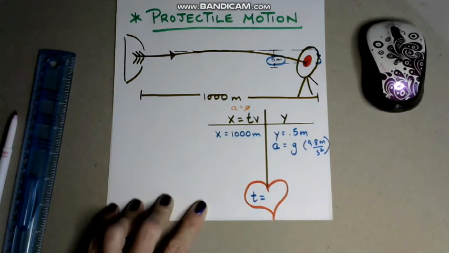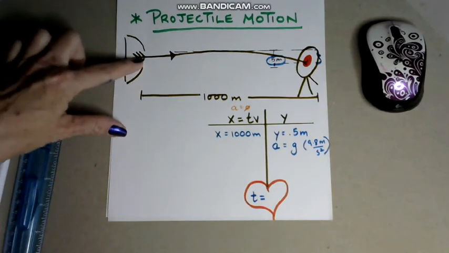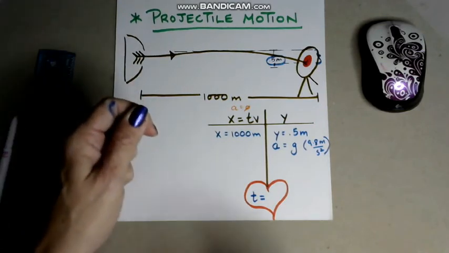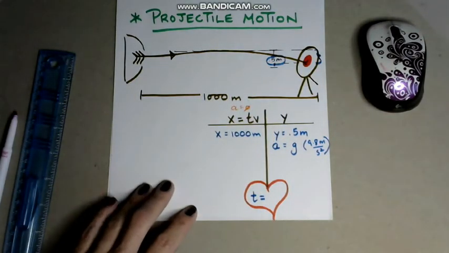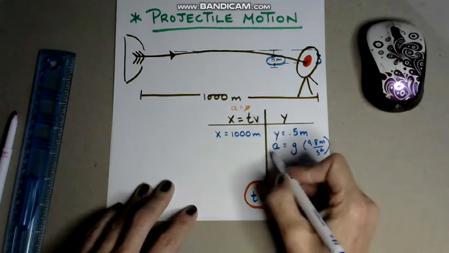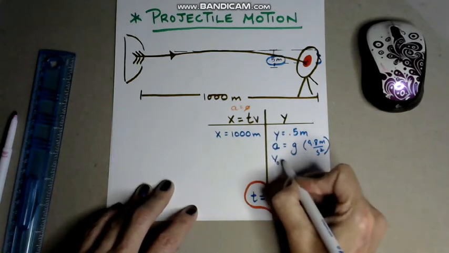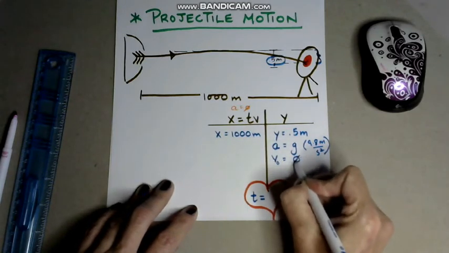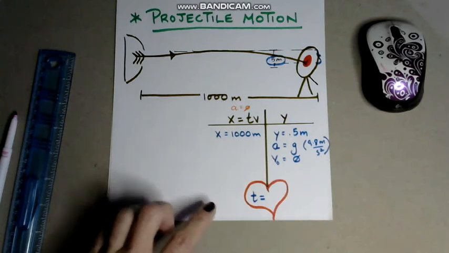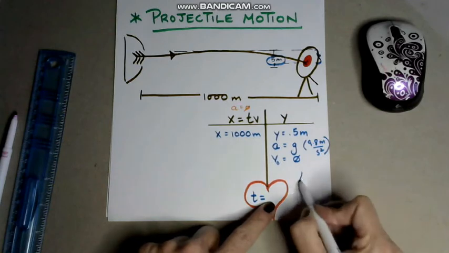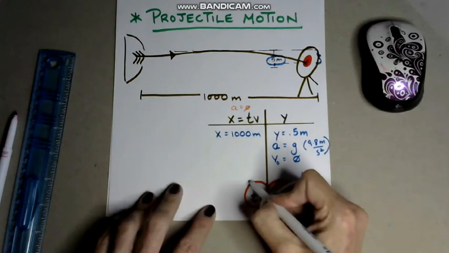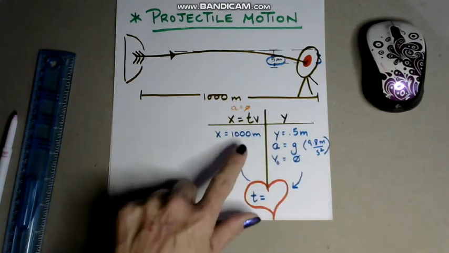My object is moving purely horizontally. You shoot it, boom, and it goes out only horizontally at first. So your initial velocity in the y direction is 0. That's good. I need to find t. Once I find t, I come up here and I find v.